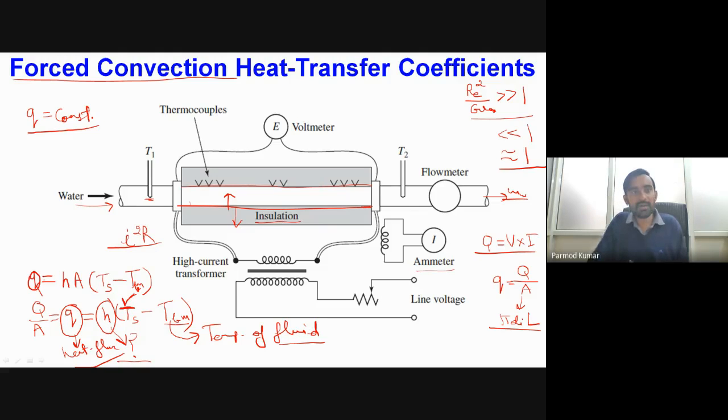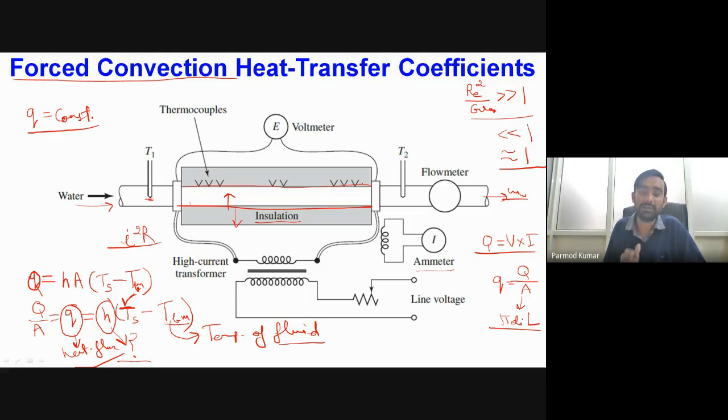Moreover, over here we have the situation of a constant heat flux. So obviously at each and every location our heat transfer coefficient has to remain constant, because the temperature will increase linearly along the length of the pipe, both the temperature of the fluid medium as well as the temperature of the pipe surface.